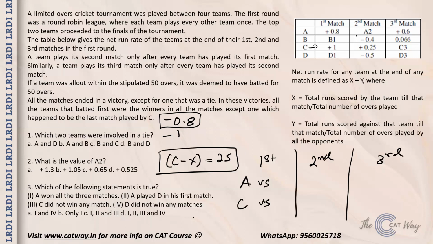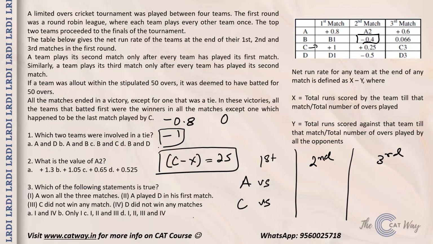And now if B has -0.4 net run rate, that means initially the difference was 40 and now also the difference is 40. So in that case, B will have a 0. And if B was -1, that means B had a difference of 50 and now B has a difference of 40 runs. So B has won the match by 10 runs.